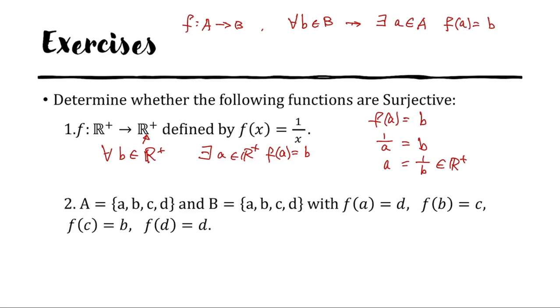Now I see people say, what if a equals 0? If a equals 0, then 1 over 0 is not a positive real number. But if we look at b, we know b is a positive real number. The thing is, your a cannot be 0 because 0 is not a positive number.